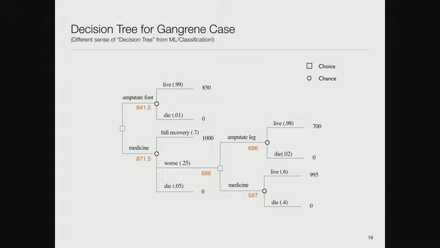Now the difficulty is that these numbers are fickle, and so you'd like to do some sort of sensitivity analysis, and you say, for example, what if this gentleman valued his living with an amputated foot at 900 rather than 850? And now you discover that amputating the foot looks like a slightly better decision than the other.